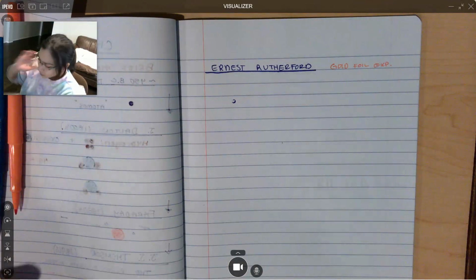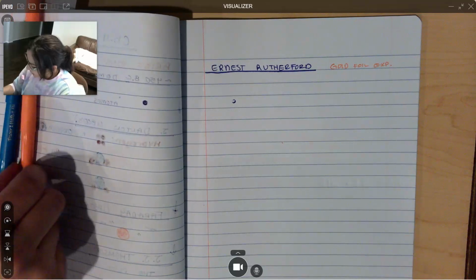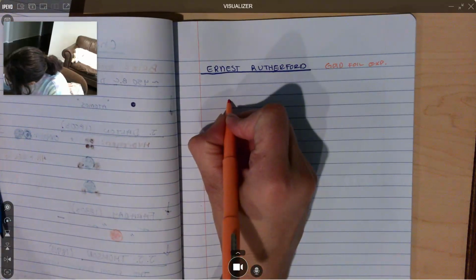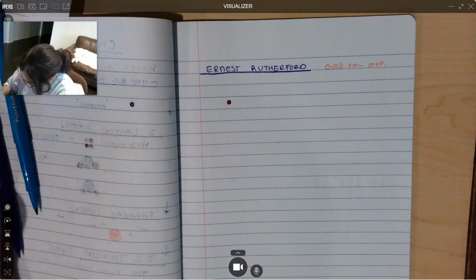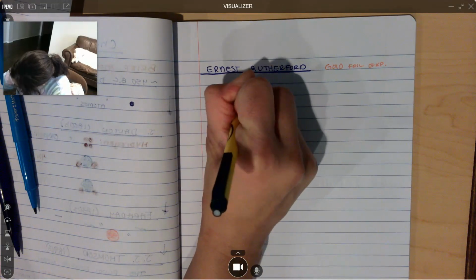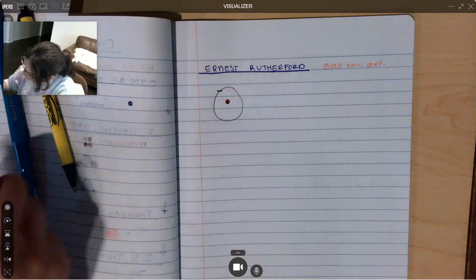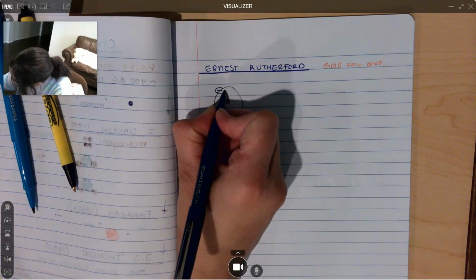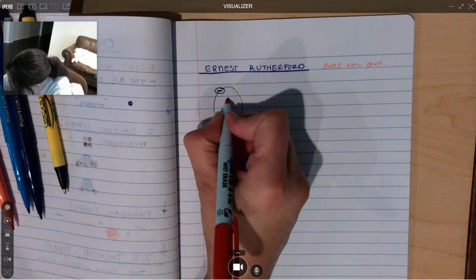When he did the gold foil experiment, he discovered a lot of things. In his discovery, atoms have a center, and this center is called the nucleus. And surrounding the atom, somewhere in there is going to be your electron. The nucleus, he says, is positive.